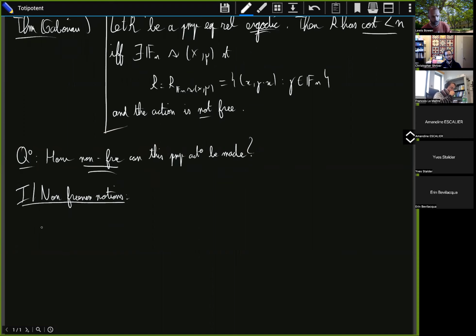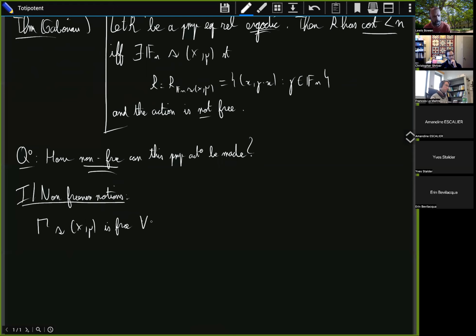One interesting thing when you move to non-free actions: maybe I should remind you that an action of gamma on (X, mu) is free. This is in the measured setup, so we are looking at things up to measure 0.